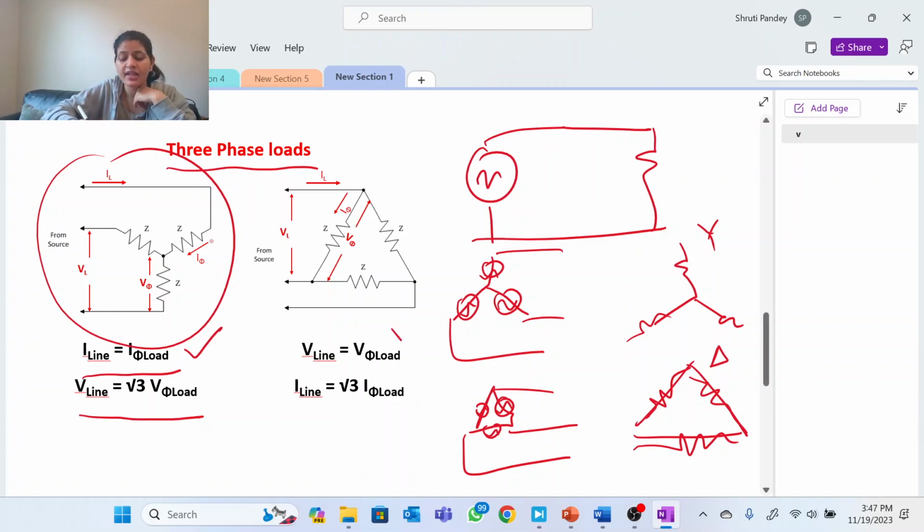And similarly in case of delta, line voltage is equal to phase voltage, line current is equal to under root 3 times phase current. So the relation of current and voltage is same.